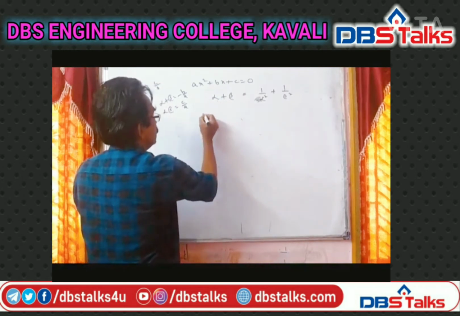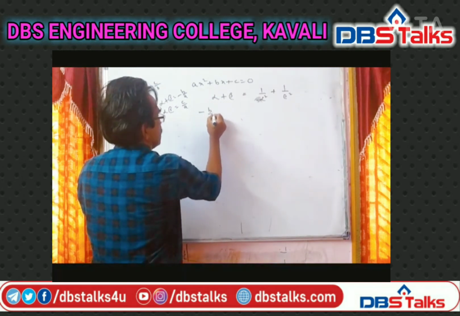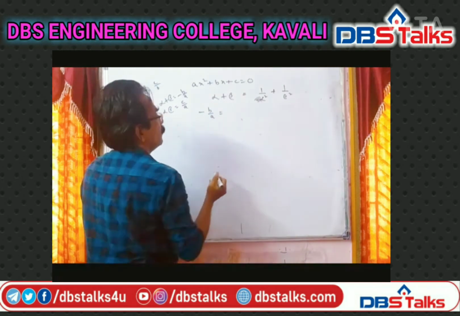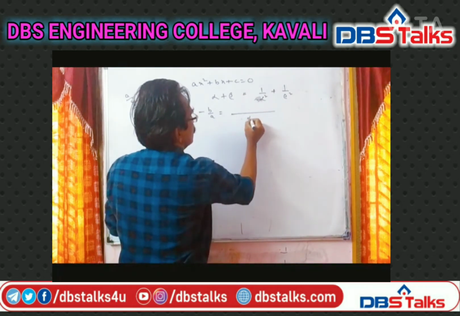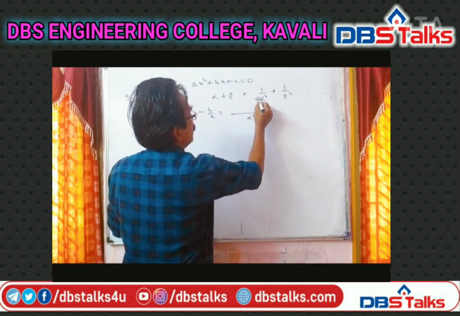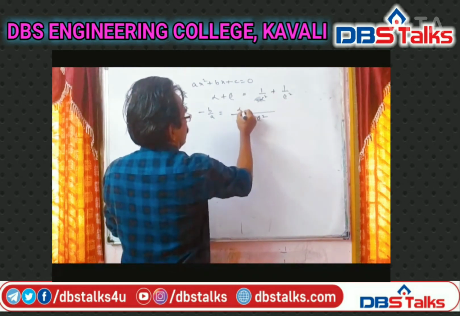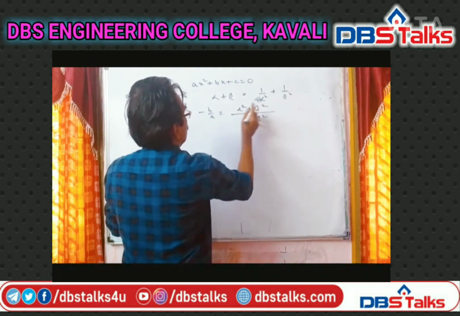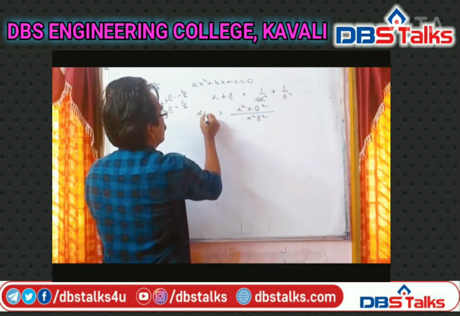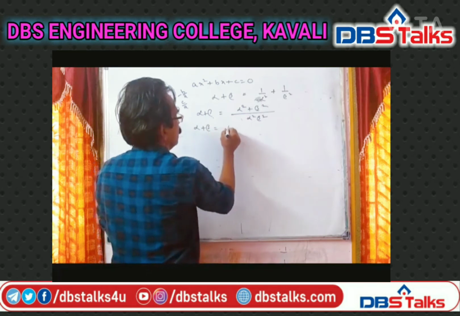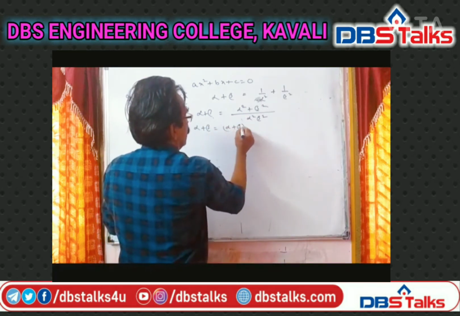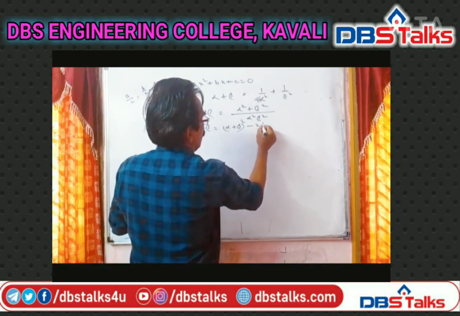Let us substitute. Minus b by a is equal to alpha square plus beta square over alpha square beta square. Alpha square plus beta square is equal to alpha plus beta whole square minus 2 alpha beta.